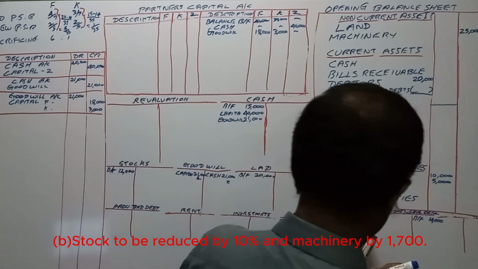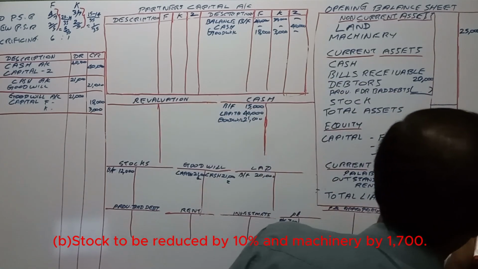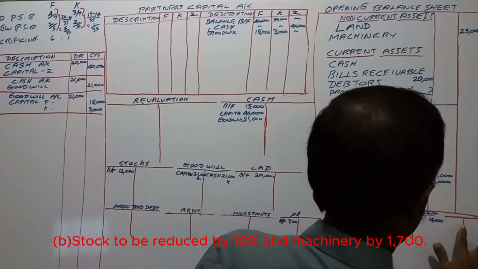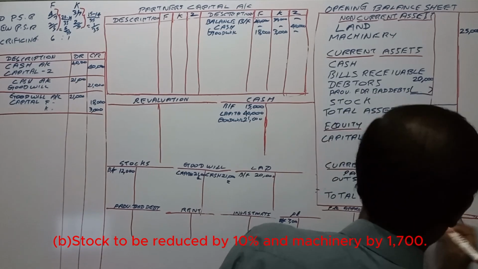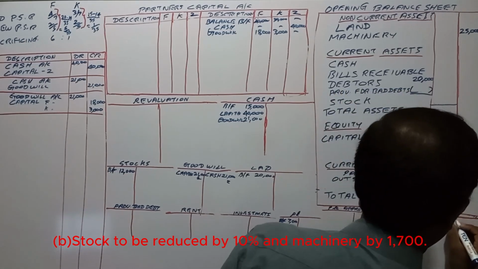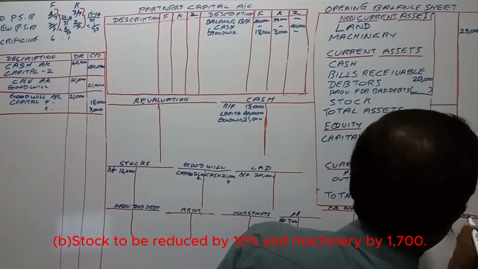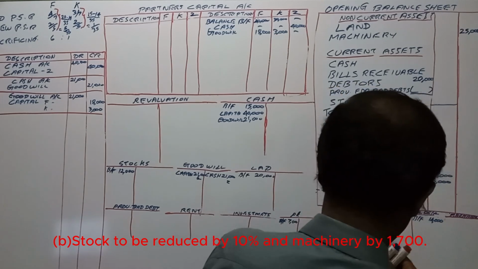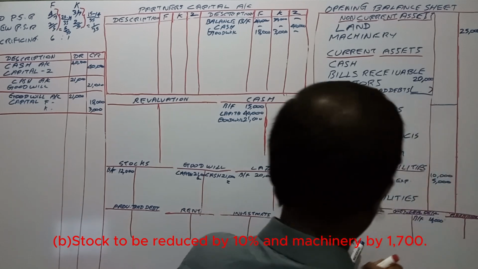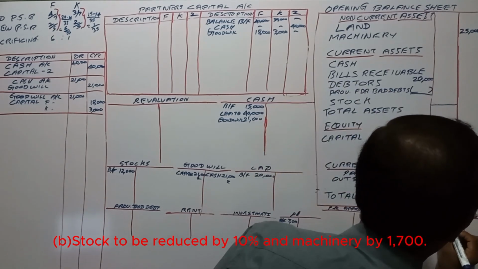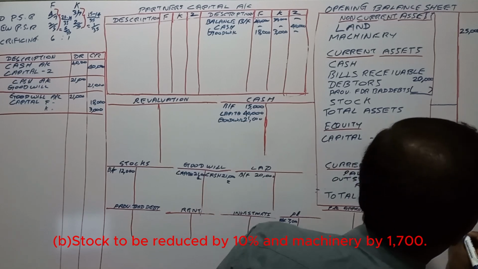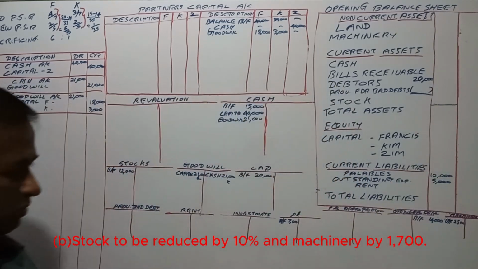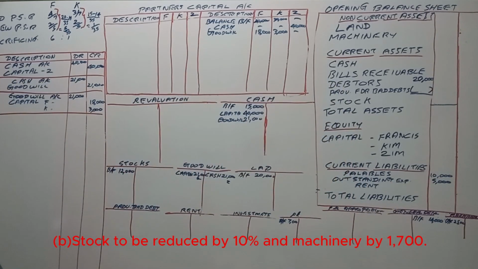Here we will say machinery brought forward is 25,000.